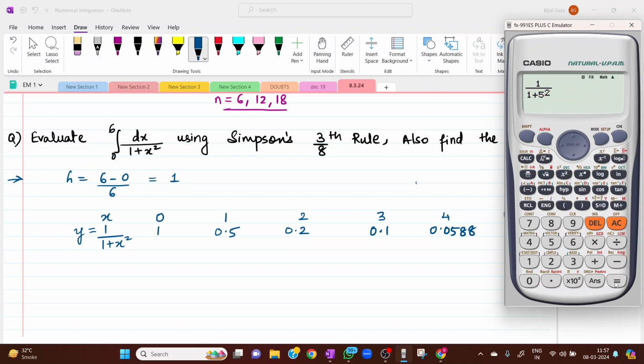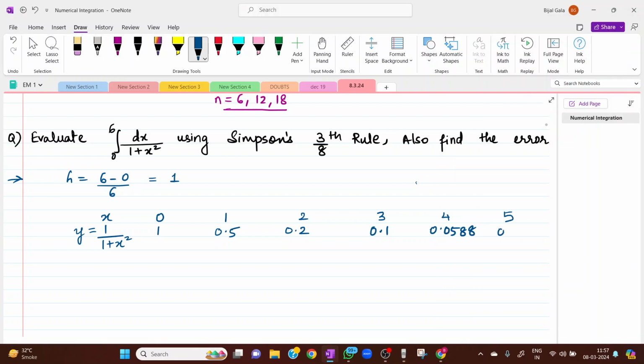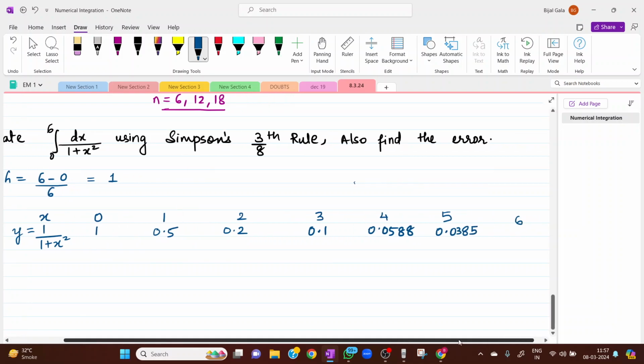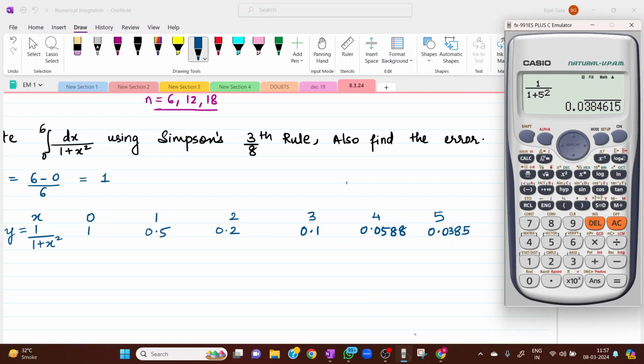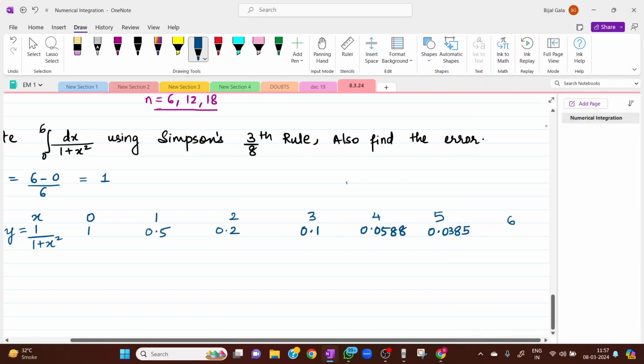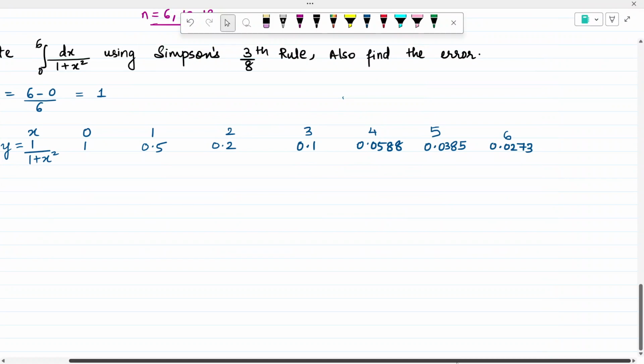Okay, 0.0385. Correct? 4 decimals. And lastly, I'll replace it by 6. So 0.0272 or 3 I can write because of the next number being greater than 5. I hope this is clear.